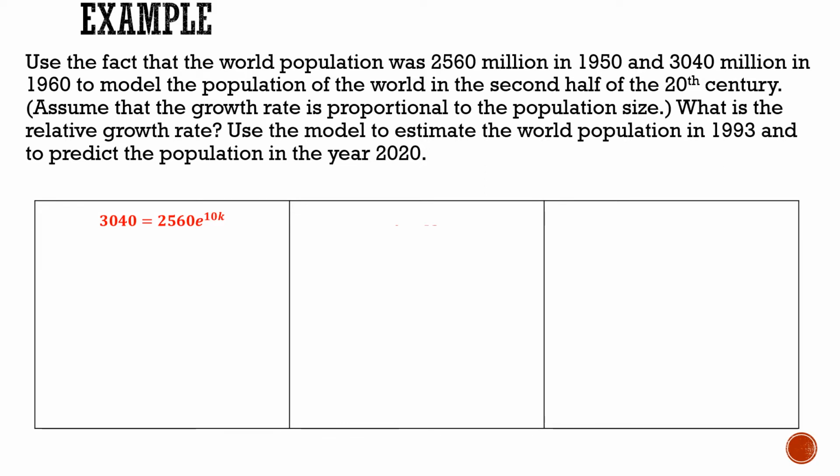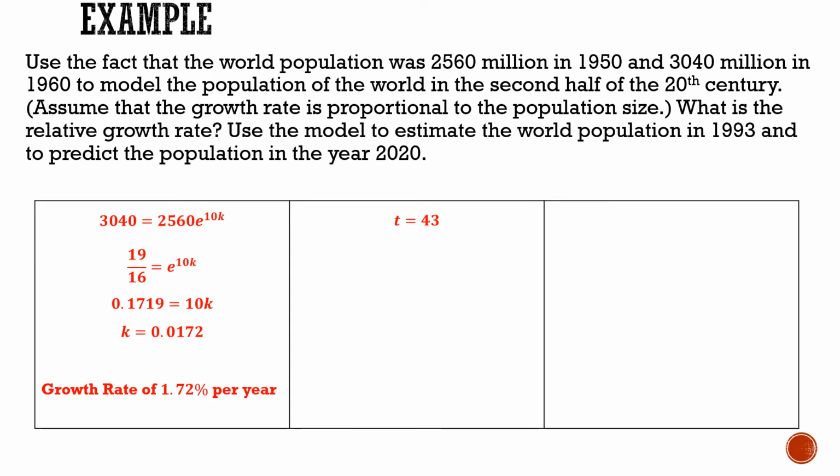Now I can use this to figure out k, my rate of proportionality. I divide both sides by 2560, then ln both sides and divide by 10. That gives me k of 0.0172. In other words, I have a growth rate of 1.72% per year.